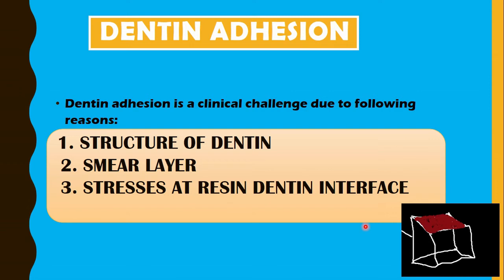Stress relief within the bonded restoration is very much required, because unrelieved stresses can lead to internal bond disruption. They may also lead to marginal gaps, and they also increase microleakage. So these are the challenges of dentin adhesion. Apart from the structure, we have the two other things: the smear layer and the stresses at the resin-dentin interface.